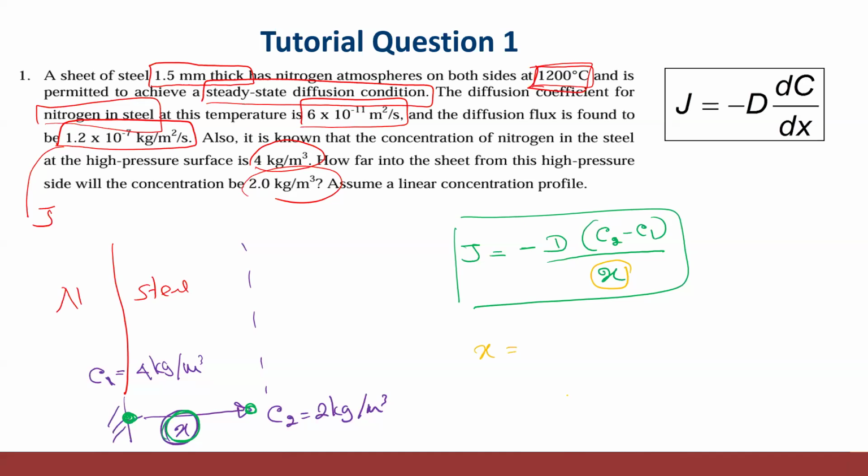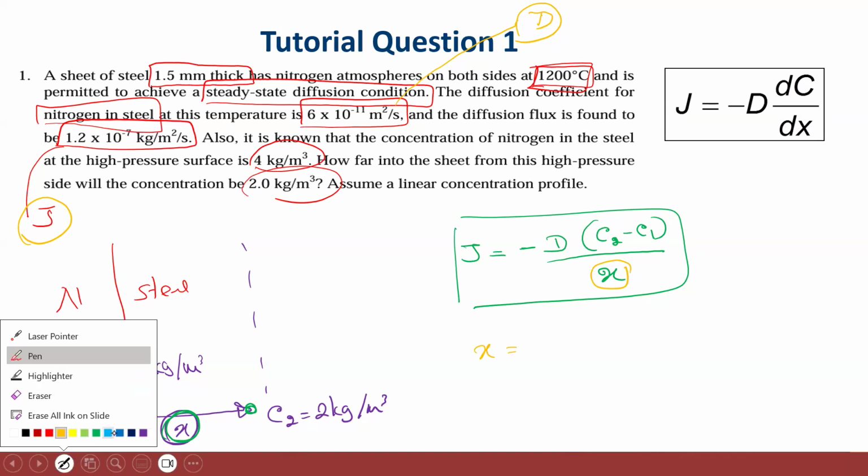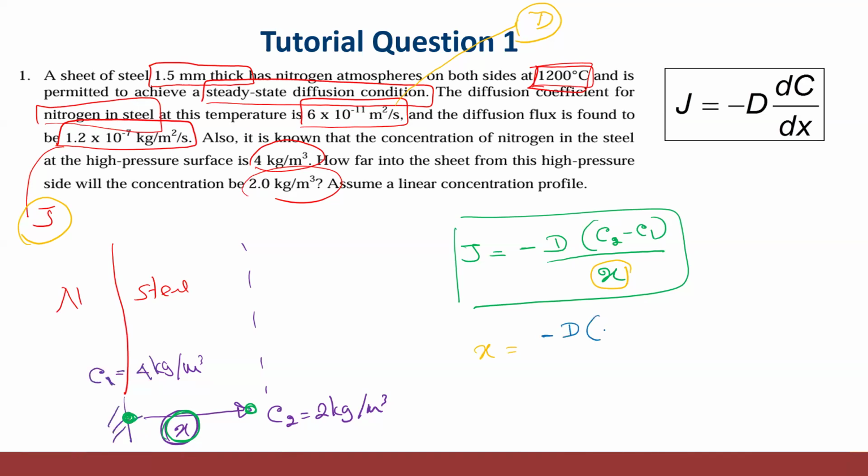D is the diffusion coefficient, which is this one. This is D and this is J. So if you make X the subject, that will be negative D times C2 minus C1 over J. D is the diffusion coefficient, yes.